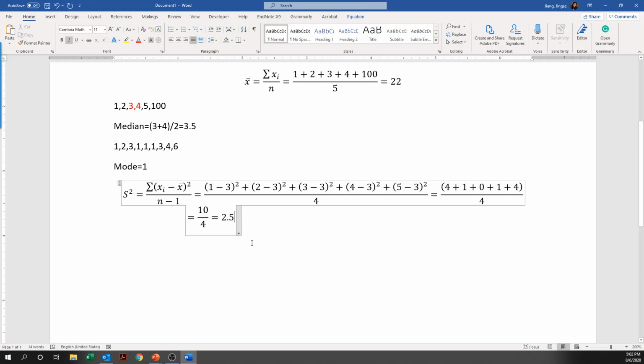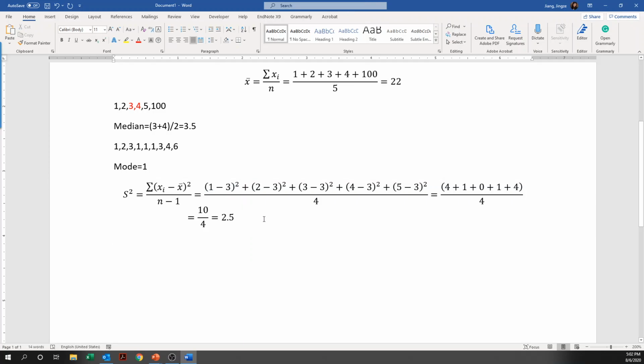The reason I show this calculation is that I want you to think about what happens if the formula has no square on the top, so you don't square the differences. What does that mean? If the formula has no square when you're calculating the difference, you are basically adding the differences together.